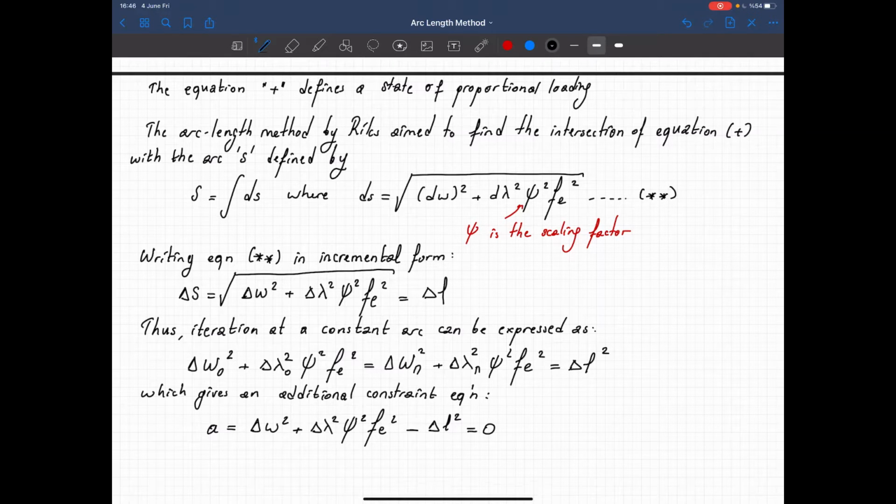So this is our additional constraint equation. Let's call this double plus.